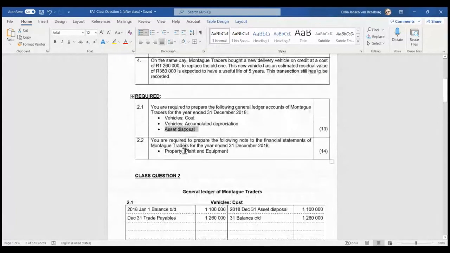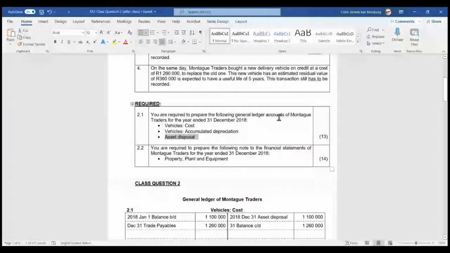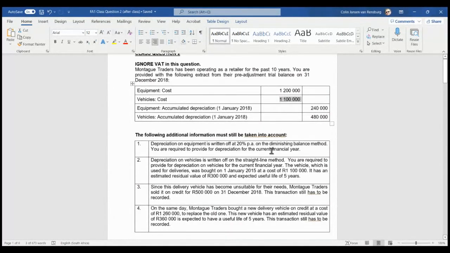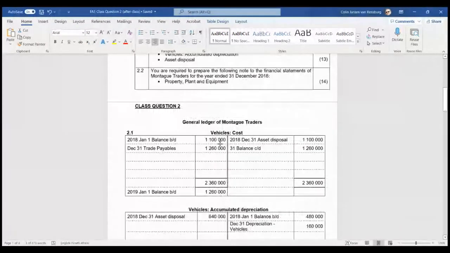So let us have a look at the vehicles cost, ladies and gentlemen. At the top of the question, we saw that the vehicles cost had an opening balance of 1.1 million. So we are simply going to put that as a starting debit, an opening balance on our vehicles cost account, 1.1 million.